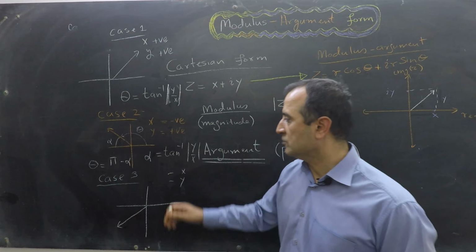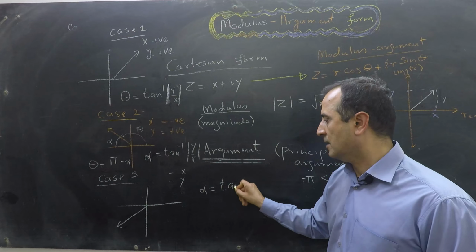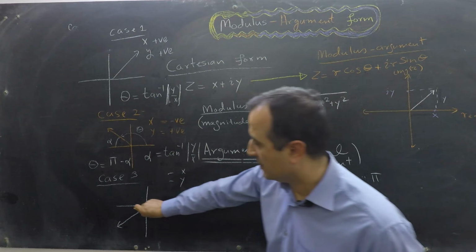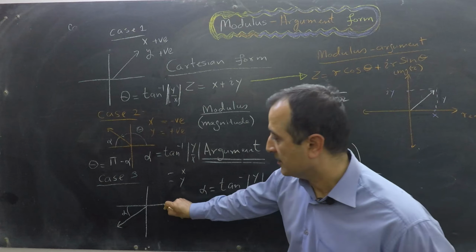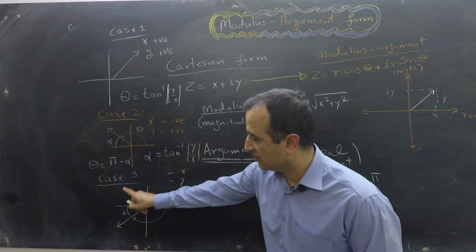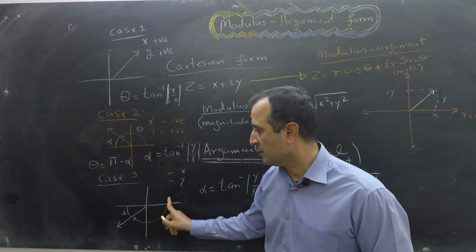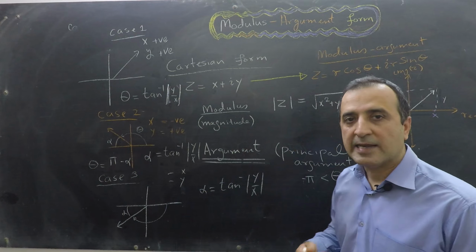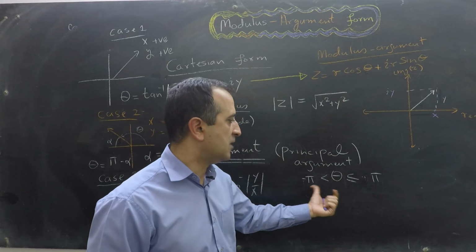If I use this equation, alpha equals tan inverse mod of y over x, then I will get this value of angle alpha. But I want to get this angle. Somebody can ask why this angle, and why not the angle from the positive x-axis to the position vector. I cannot take that theta because its value will be greater than the range of theta. Theta should be between minus pi and plus pi.